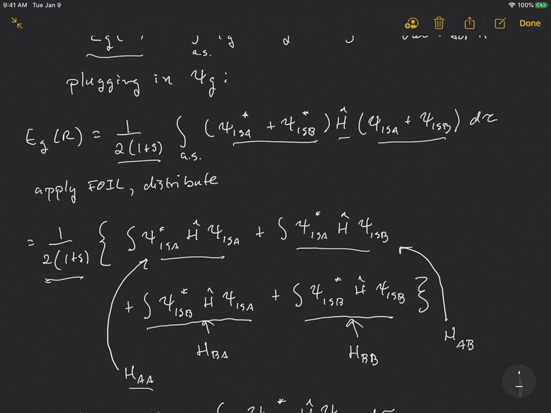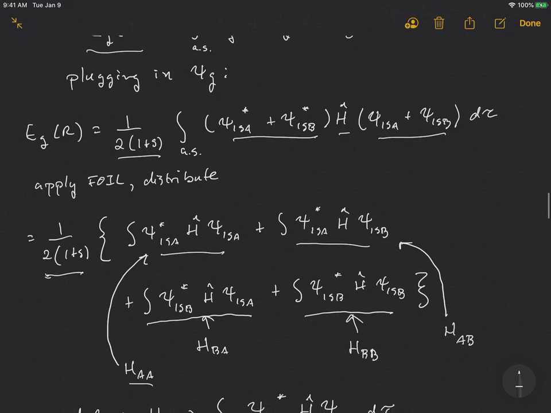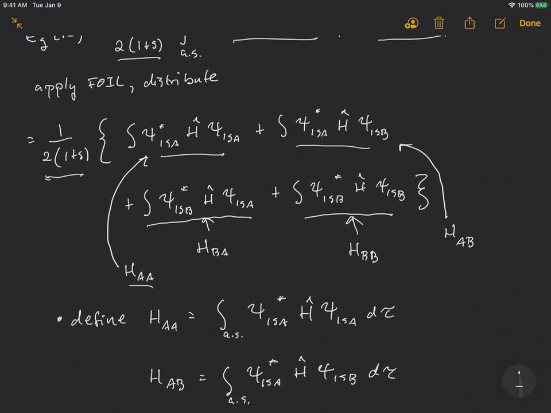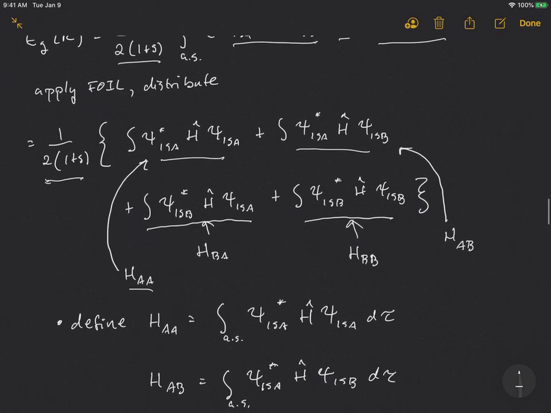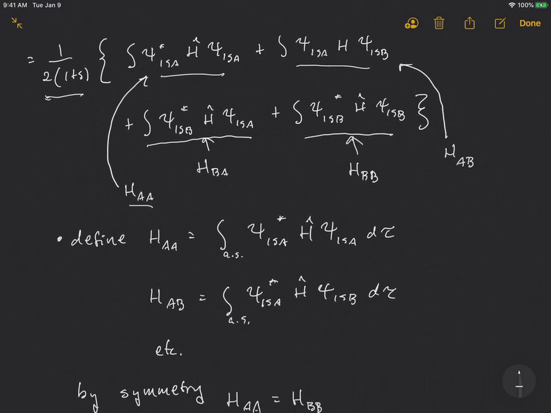And then of course here we'll have HAB, that's going to be the second one. The third one is going to be HBA, and the fourth one is going to be HBB. Just to make things clear, I'm defining HAA as this integral at the bottom of the screen here, and then this one that just popped up, HAB, is going to be given by that integral, and so on.